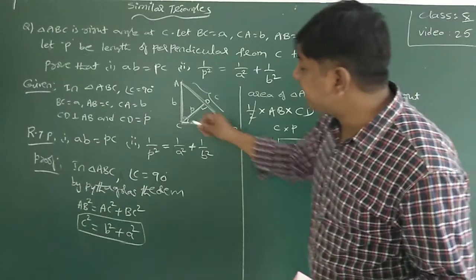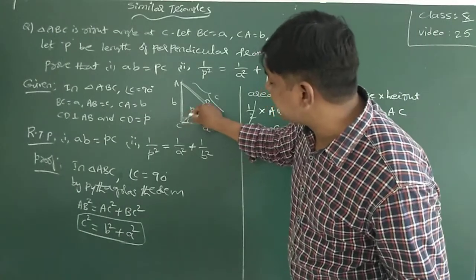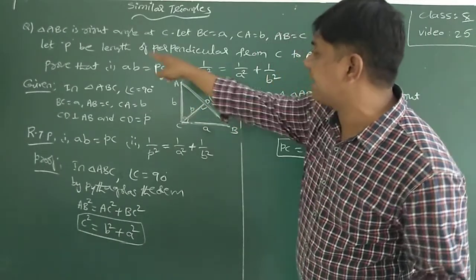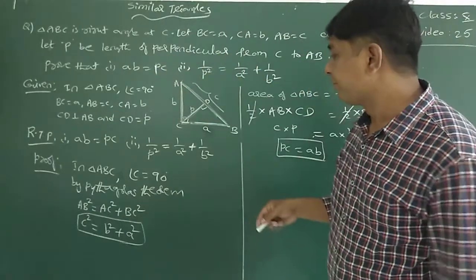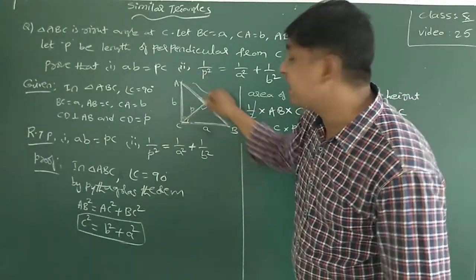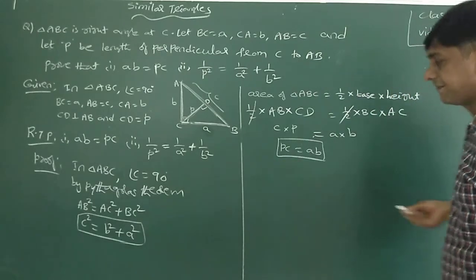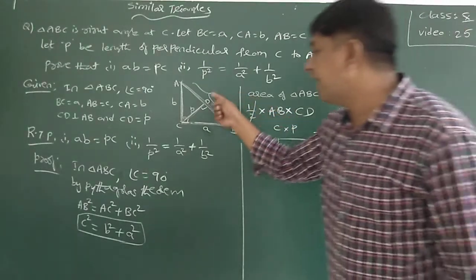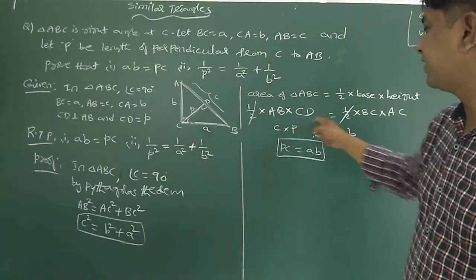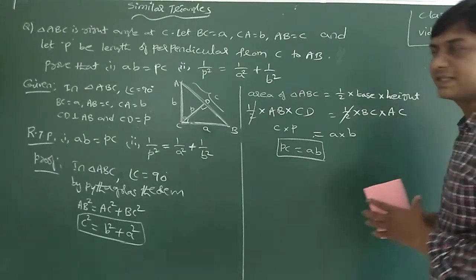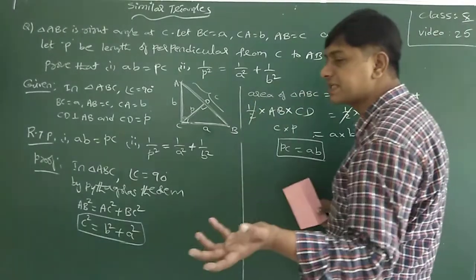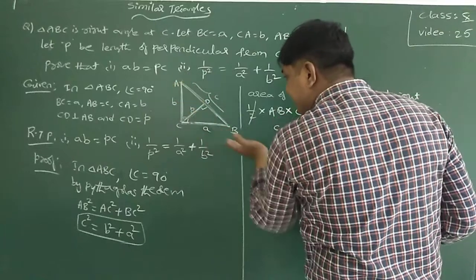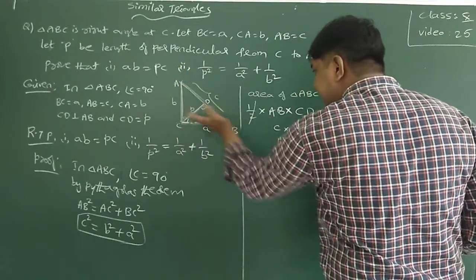And one more perpendicular line is there from this C vertex, that is CD perpendicular to AB, as given. Since CD is perpendicular to AB, AB becomes the base and the height is CD. Half into AB into CD. Both the two ways we can write. Same triangle area, two ways I wrote: half into this base into this height, or this base into this height.